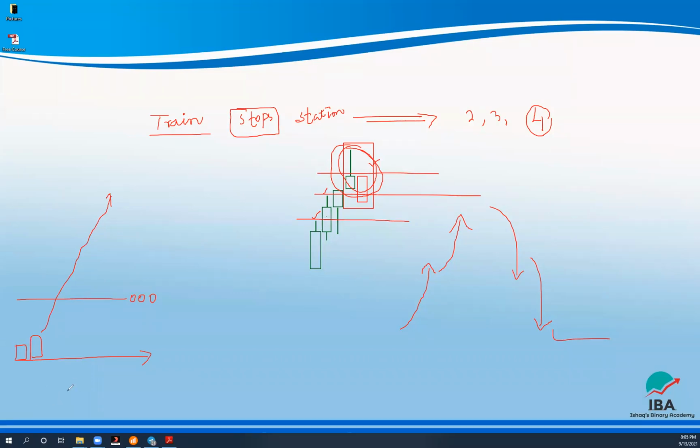A trend pullback, some hidden support and resistance, some other areas like demand and supply areas. These are our stops, our stations, which will be the strong stations. So keep in mind the strong support and resistance, and when the price reaches strong support and resistance, what are we waiting for?